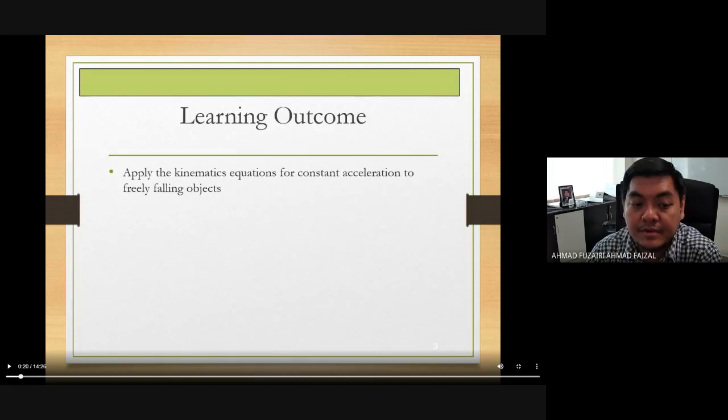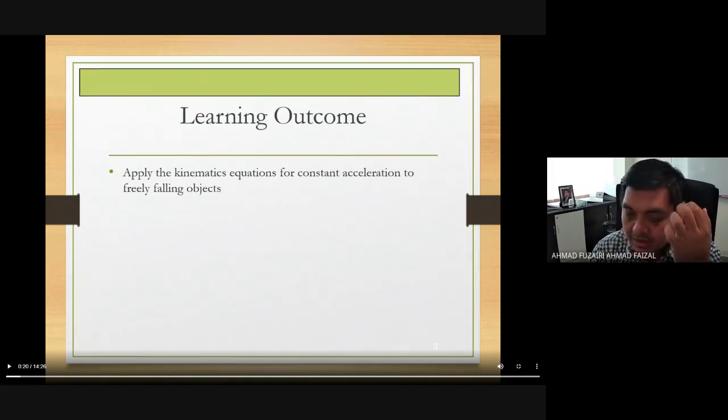Topic 2.4 specifically will discuss free falling objects. What does free falling mean? It means jatuh bebas: it falls in the presence of gravitational acceleration.